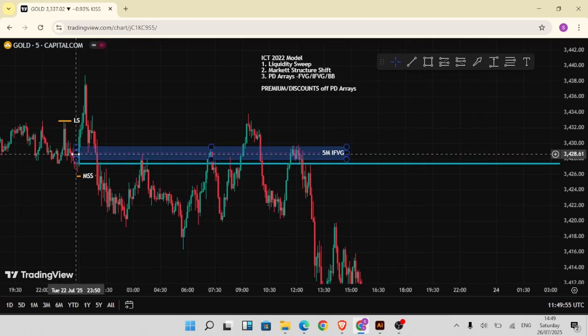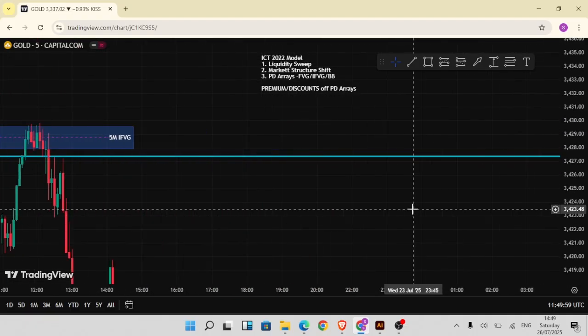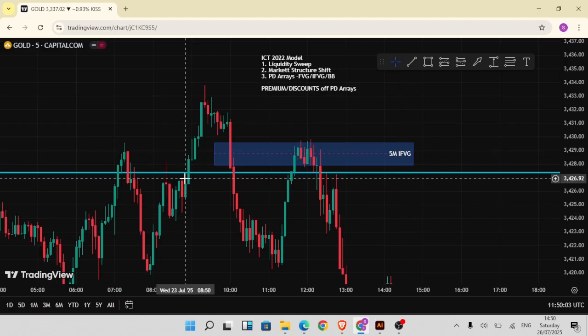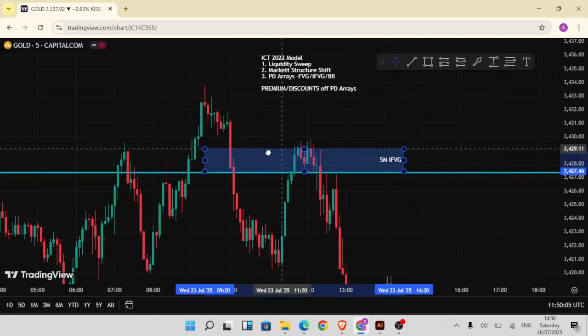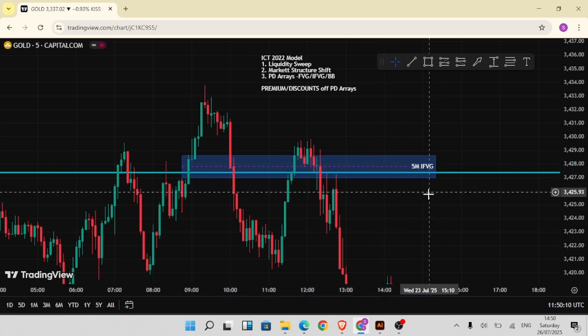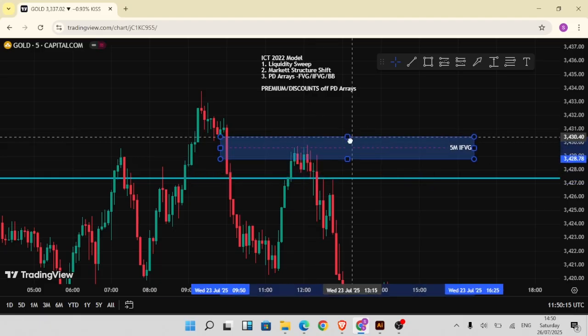What did it do? It left us with a fair value gap. You have several opportunities here. Fair value gap, this inverted fair value gap right here, right? And this massive fair value gap right here.